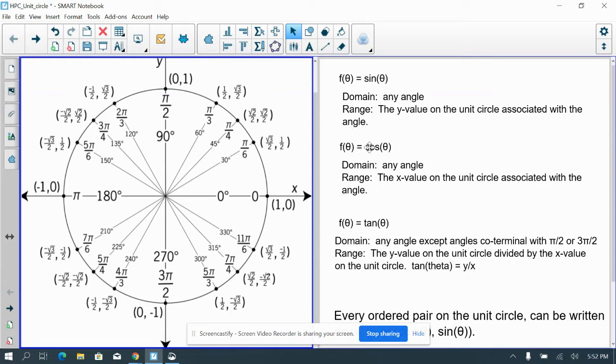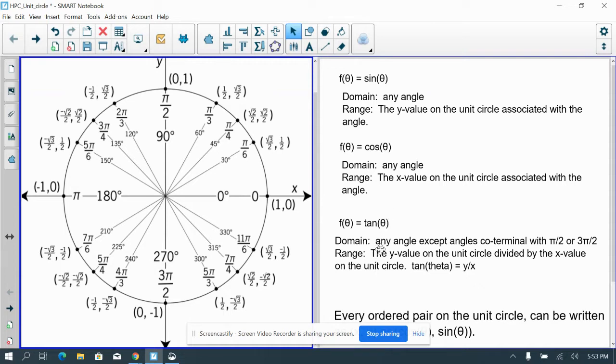The cosine can also receive any angle, and it will tell you the x value of the unit circle. Now there are 6 trig functions, and only sine and cosine have a domain of any possible angle. In other words, all real numbers. Tangent does not have that domain. It's a smaller domain.